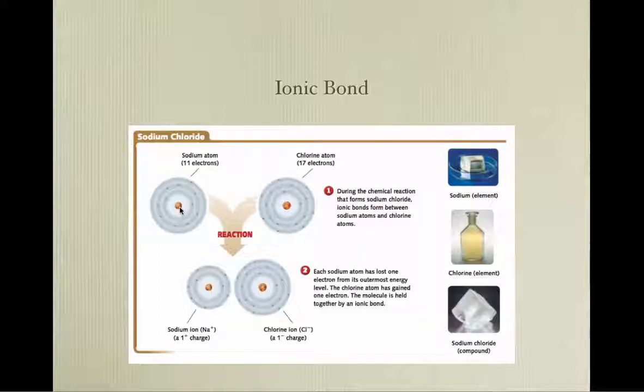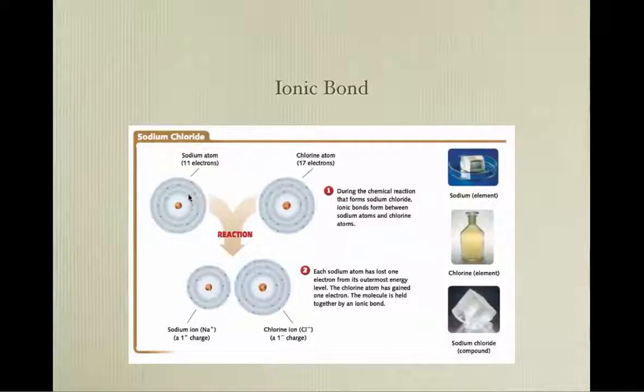Here's sodium, atomic number 11. It's got 2 electrons in the first shell, 8 in the second shell, and just 1 out there in the third shell. To be full, it can either gain 7 or it could lose this one. Here's chlorine. 2 in the first shell, 8 in the next shell, and then 7 in the next shell. It needs 1 more. I wonder how it could be happy and this guy could be happy.